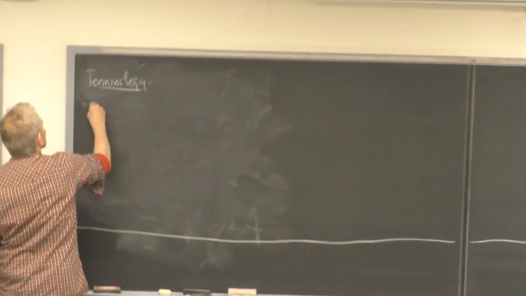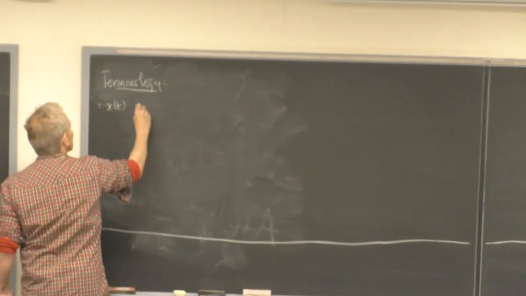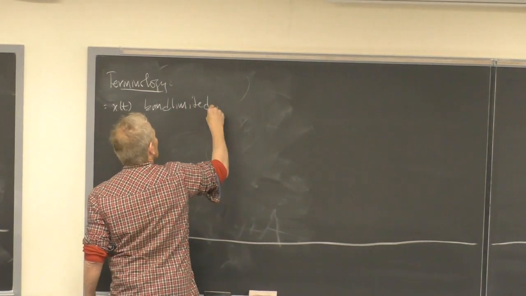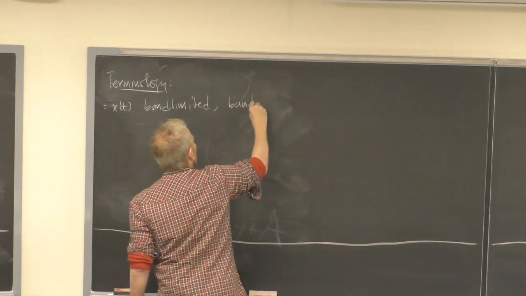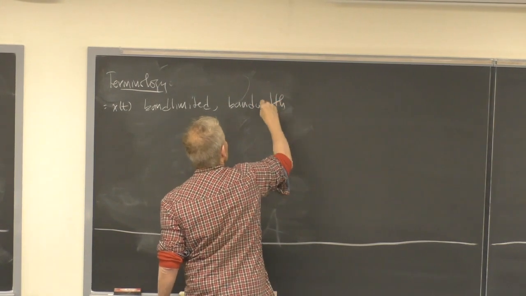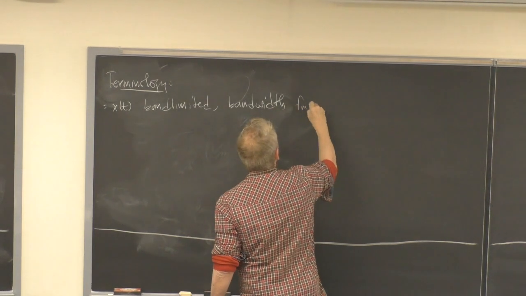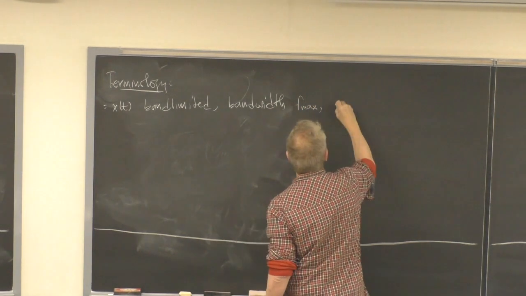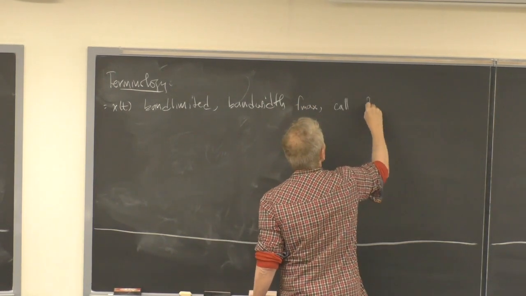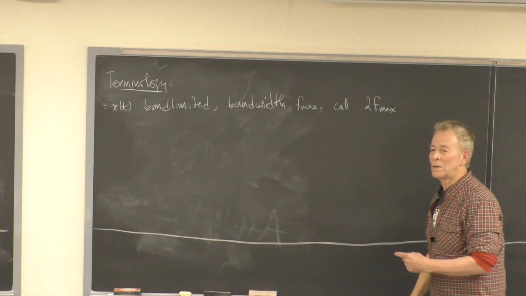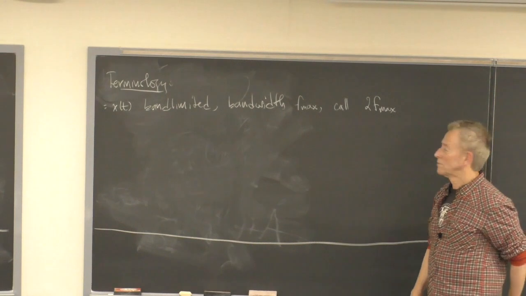First off, if x(t) is band limited and the bandwidth of x(t), which is like the max frequency of x(t), is f_max, we call the frequency 2 f_max the Nyquist rate for x(t).